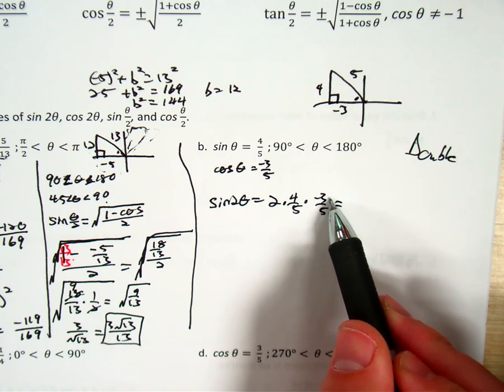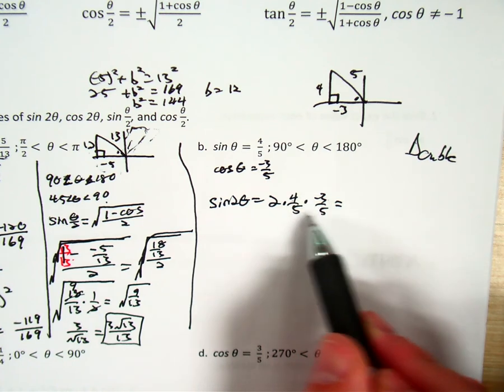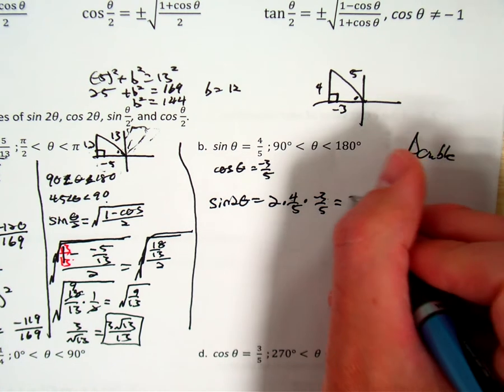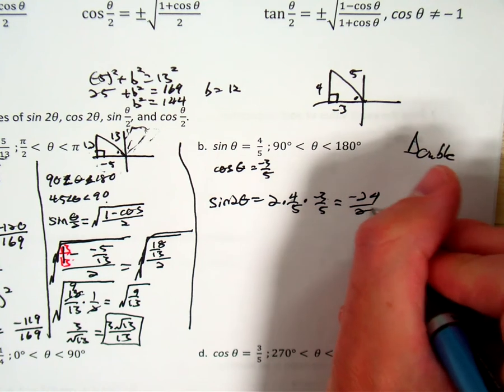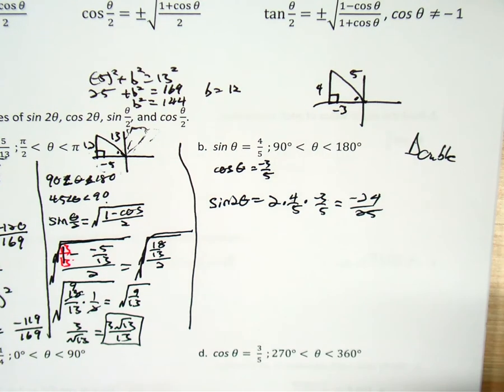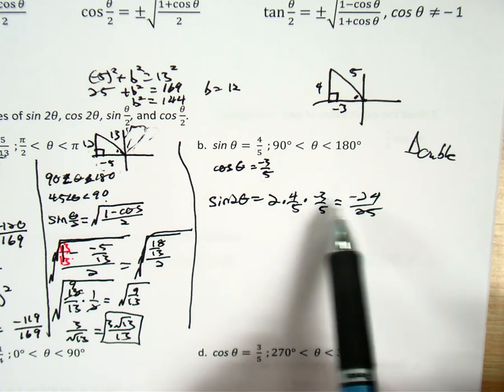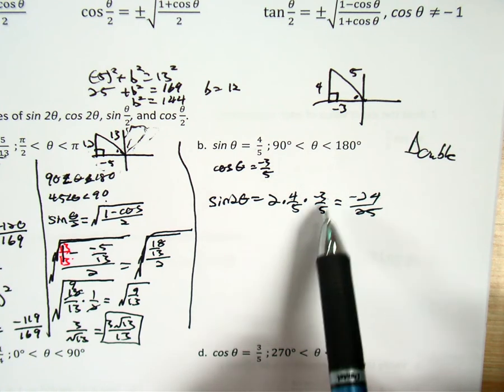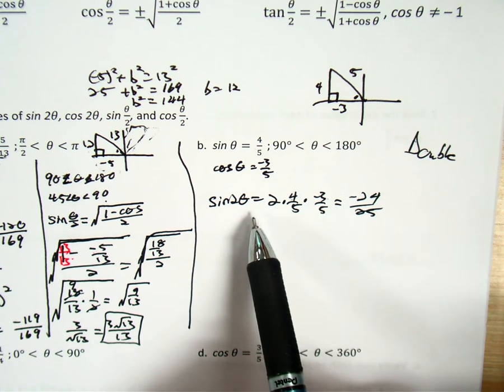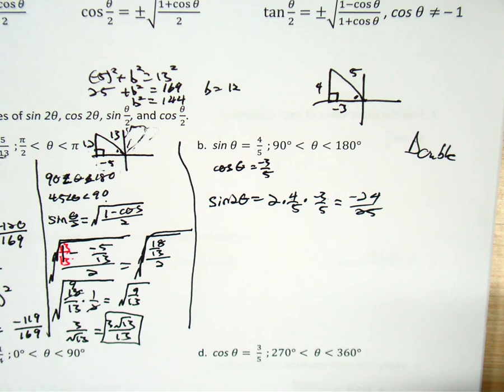We're going to have negative 12 over 25, times 2 is negative 24 over 25. The 2 is 2 over 1, so it only goes on the top of the fraction: negative 24/25.